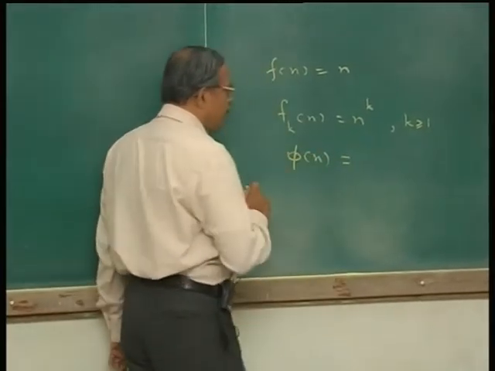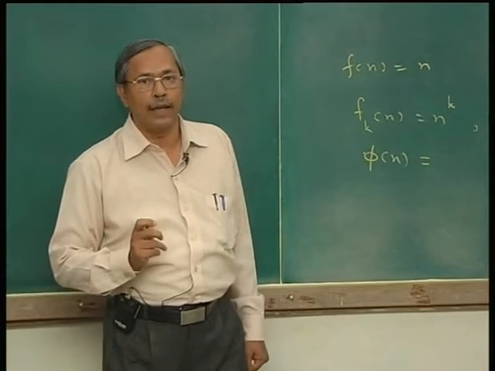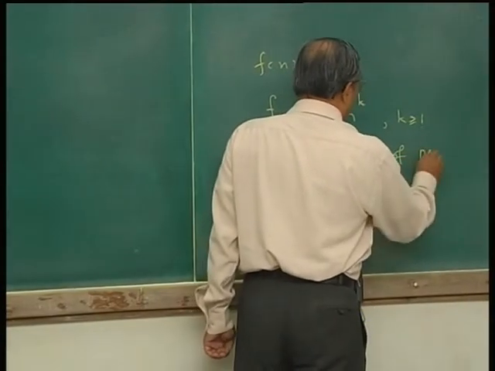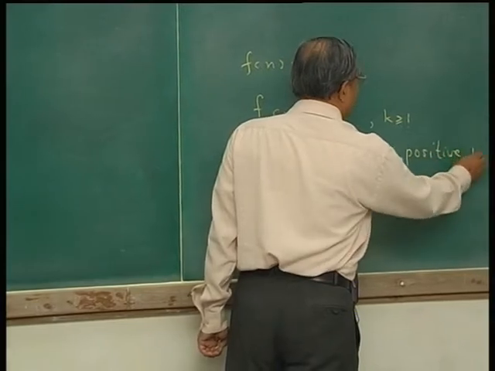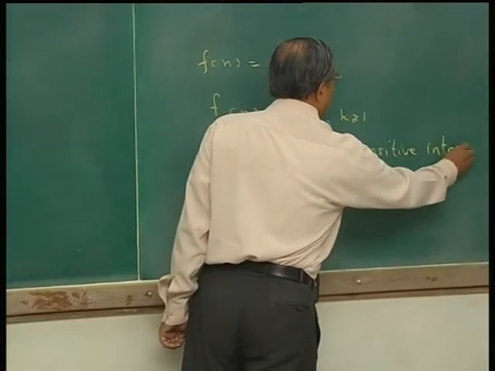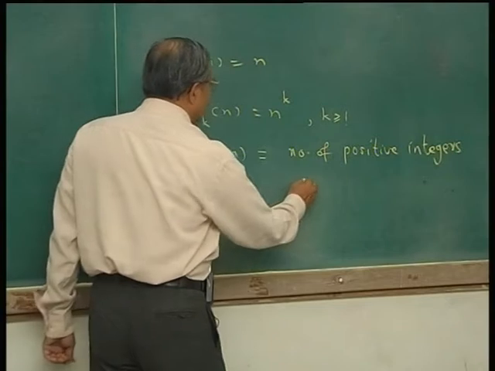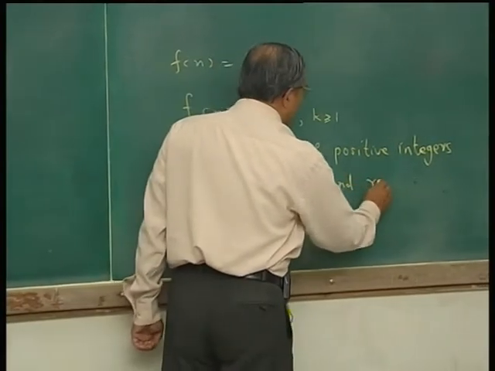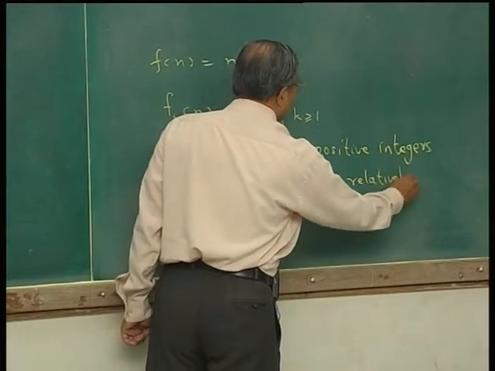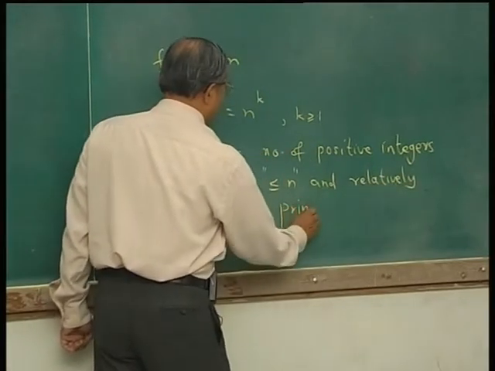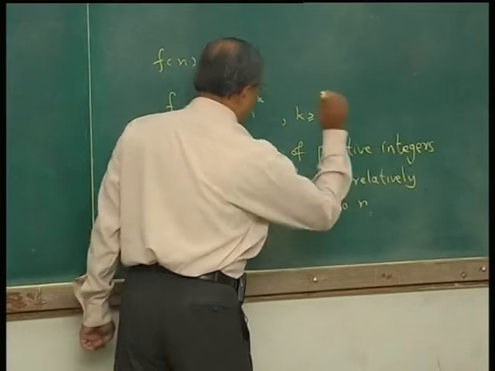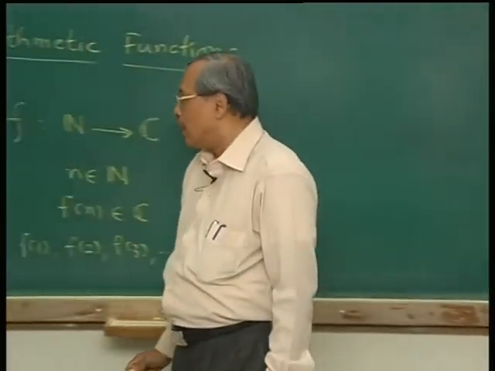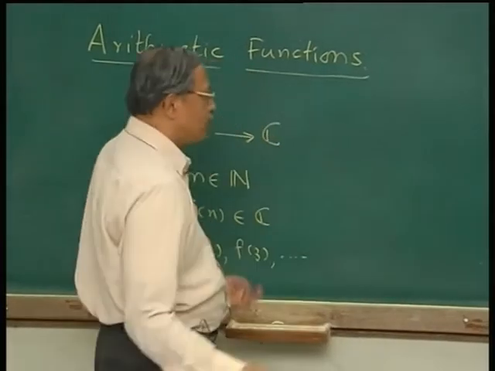This is the number of positive integers less than or equal to n and relatively prime to n. So this is an arithmetic function. We can think of other arithmetic functions also.